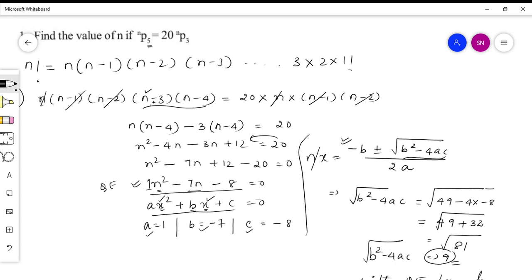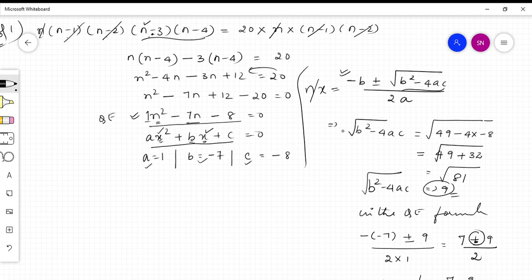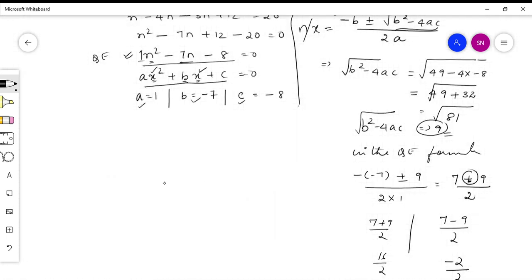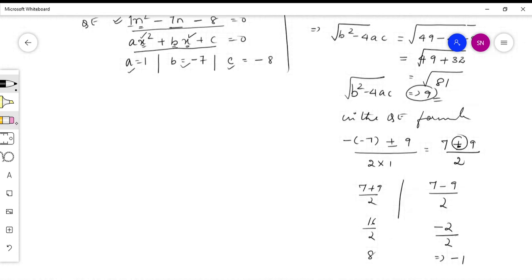So at the end, I have found out the value of n. So the two possible values of n are n is equal to 8, or n is equal to -1.